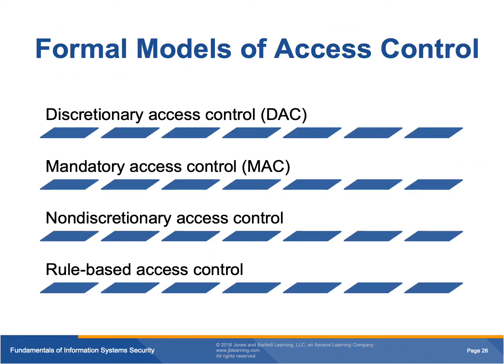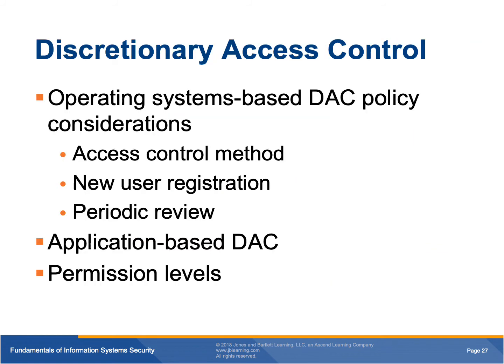So there are some actual models, like rule-based access control, RBAC, but also discretionary access control, mandatory access control, non-discretionary access control. These different mechanisms work in different ways, but they're formal models that have been devised for the purpose of access controls.